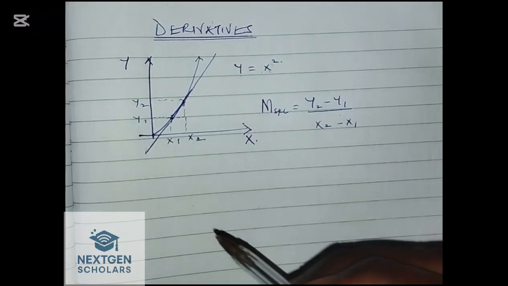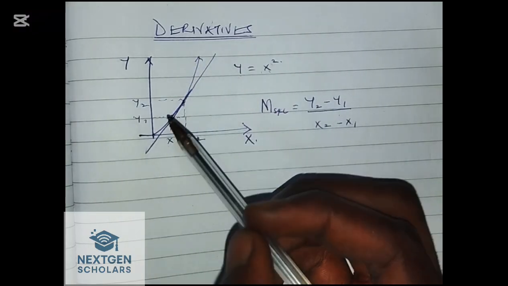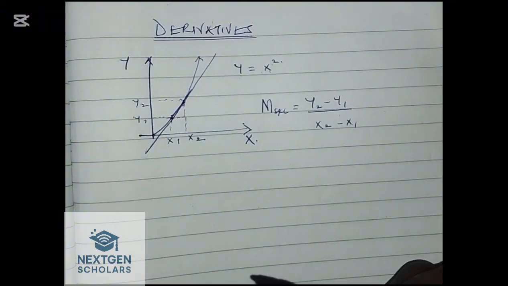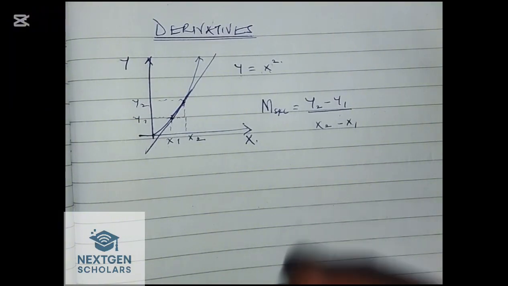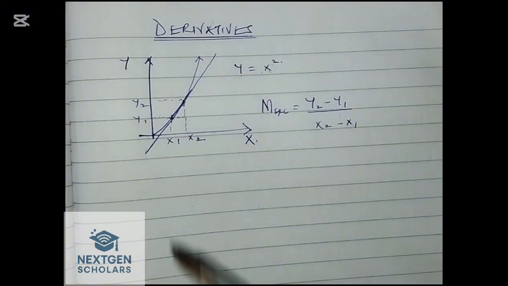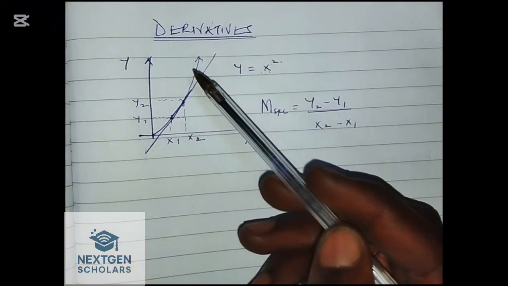What do we actually mean by the word derivative? Imagine you are in a car and you are traveling at different speeds. You can run fast, you can run slow. The rate at which you change that speed is what we call the rate of change. That rate of change is what we call the derivative.